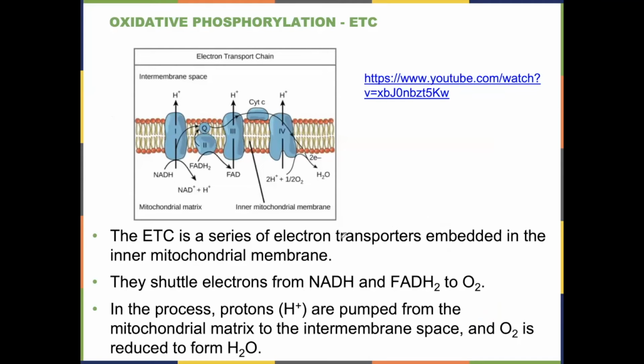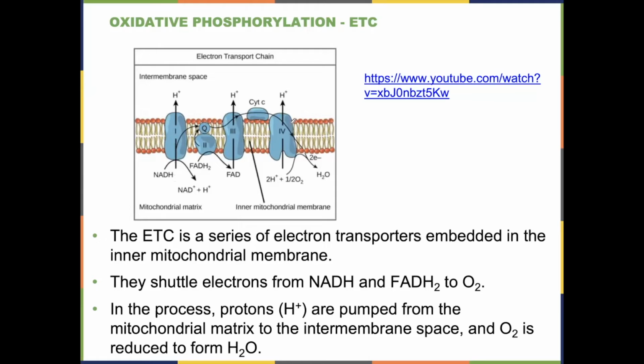And if you remember, as I just said a little while ago, rather than being a bunch of enzymes that are floating in a particular space within the cell, this is actually a physical complex of proteins that are found embedded in a membrane. And again, in the case of eukaryotes, this membrane is the inner membrane of the mitochondria.